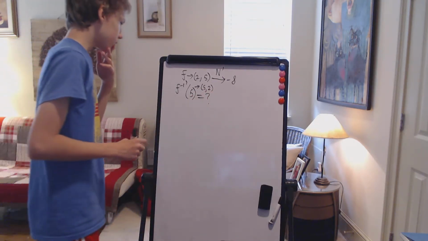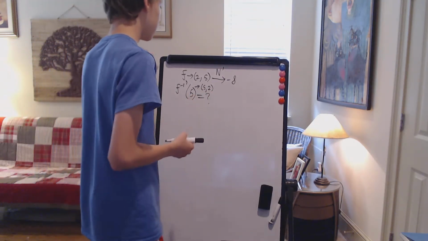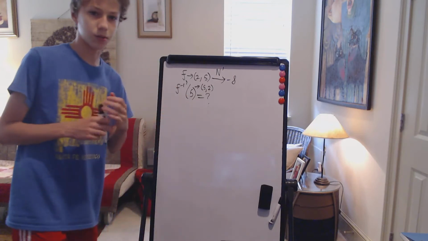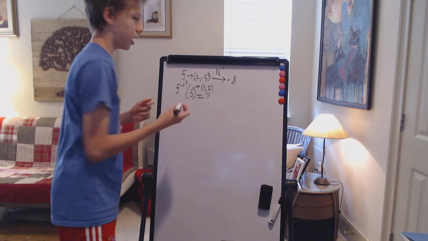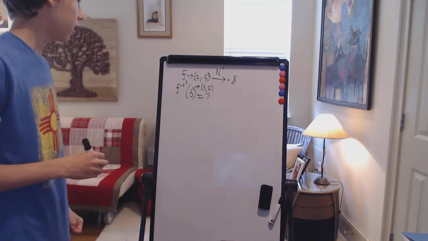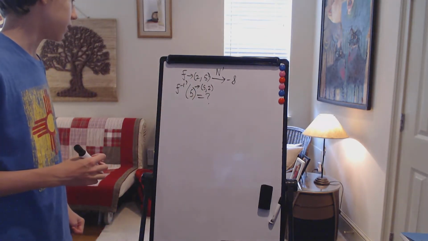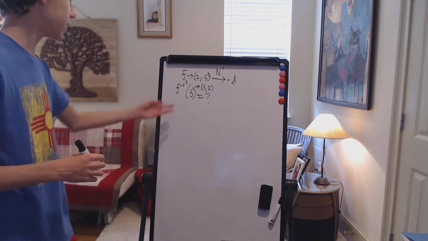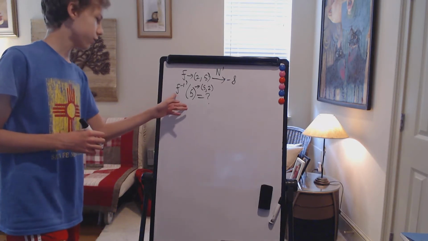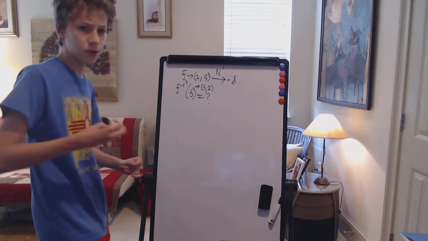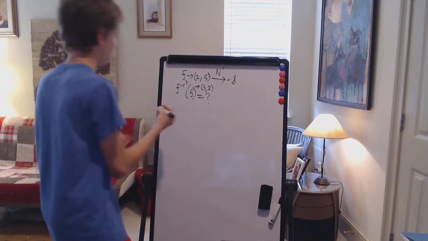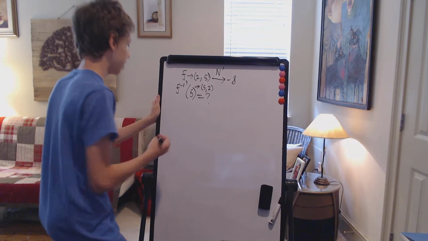Well, the key here is to use the relationship between two orthogonal lines, and we'll get to that in a second. But first we want to establish a formula for how we can actually solve for this. I'll just prove this formula right now, because it's fairly trivial. It just involves some chain rule.